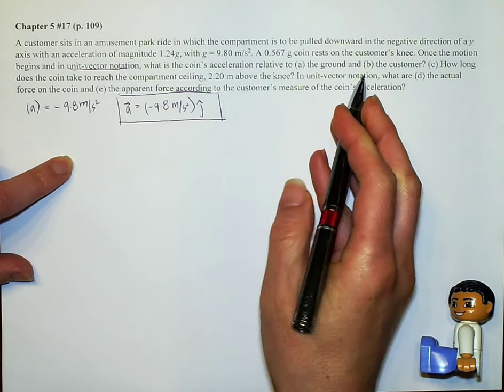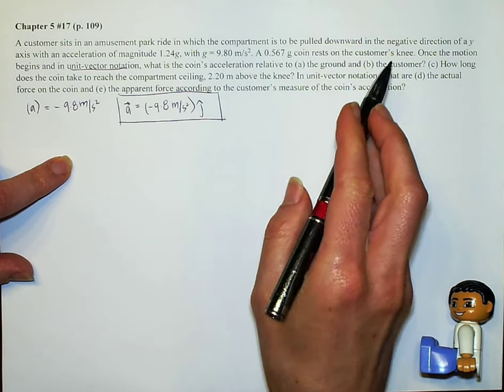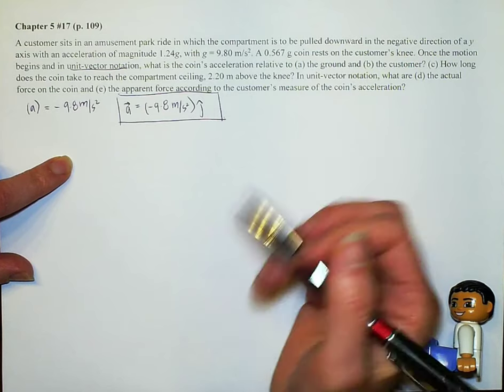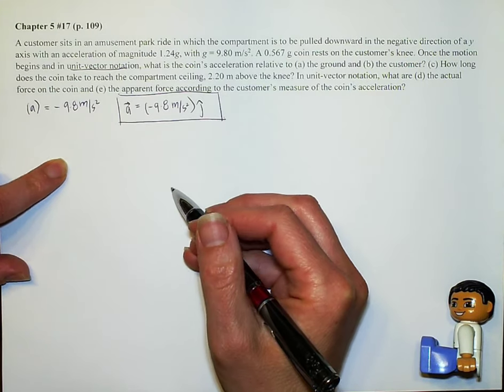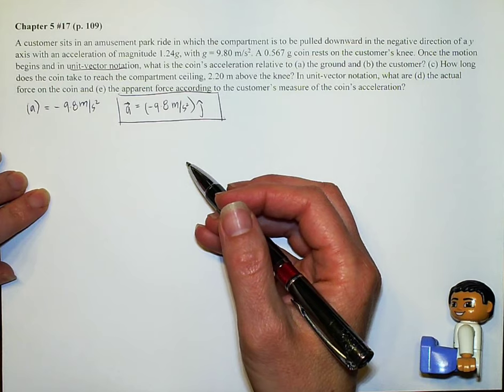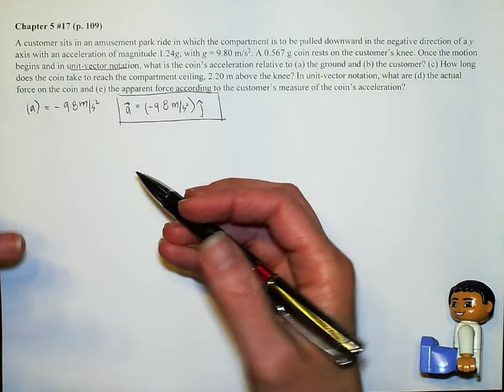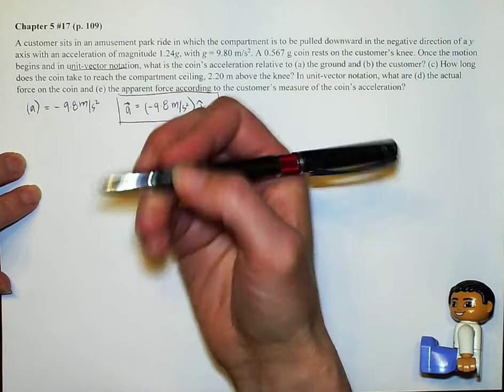Now part B, we want to know what's the acceleration relative to the customer. Now this is decidedly more tricky. If you have not yet learned about relative motion, now is the time. So here's the trick.